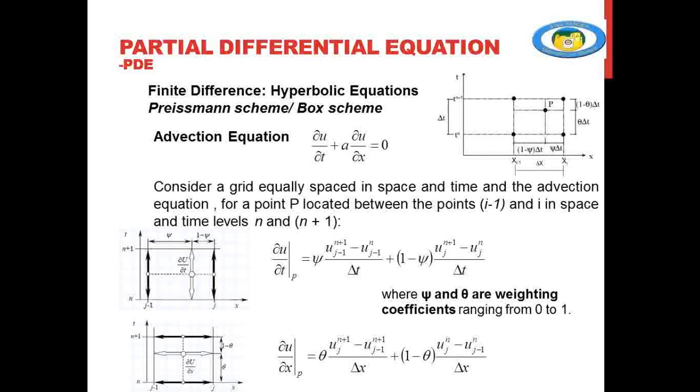Basically, you're using forward difference in both cases. It's the weighted average of the forward difference of the temporal derivatives at the j minus 1 node and j's node. So the weight here is psi.